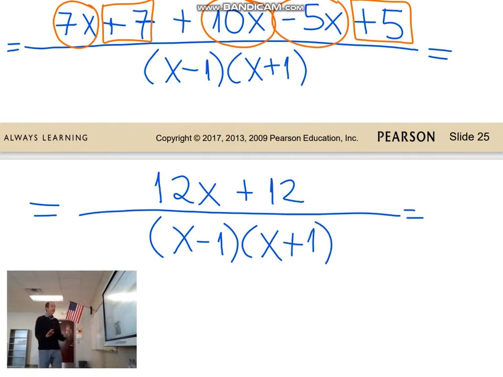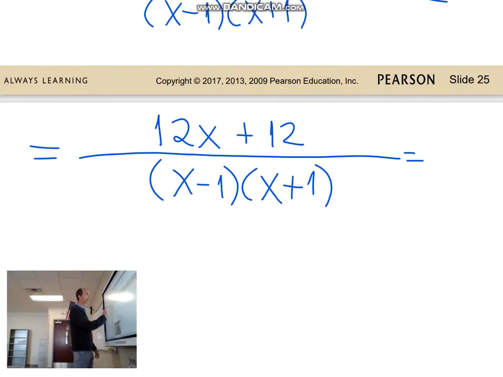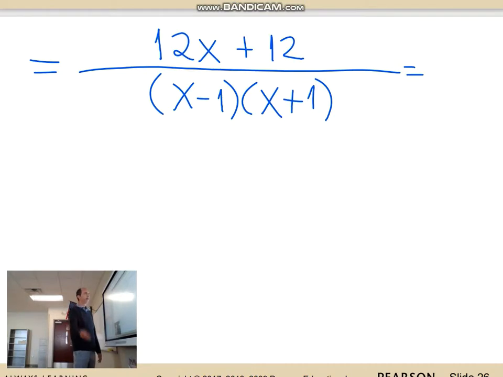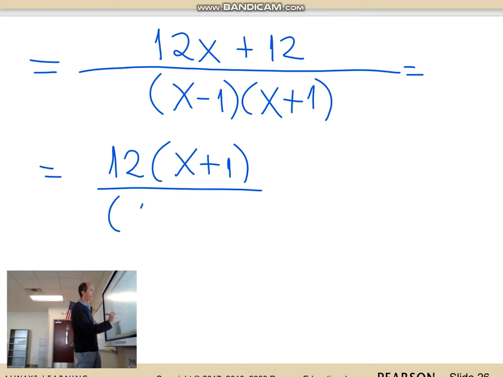Is that the end? No, check it out. Think if you can simplify even further, a little bit more. And we definitely can factor out 12 on the top: 12 times x plus 1 over x minus 1 times x plus 1.